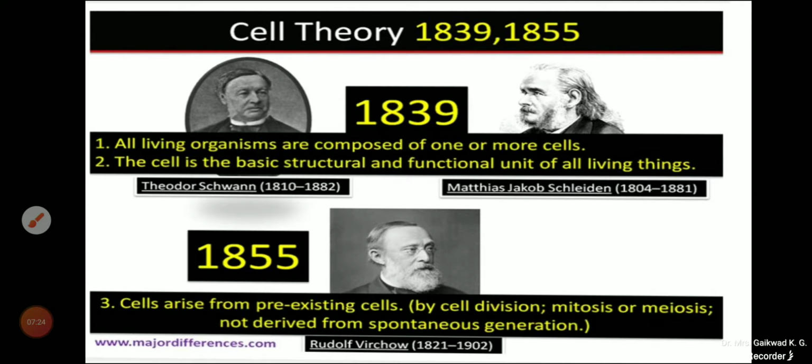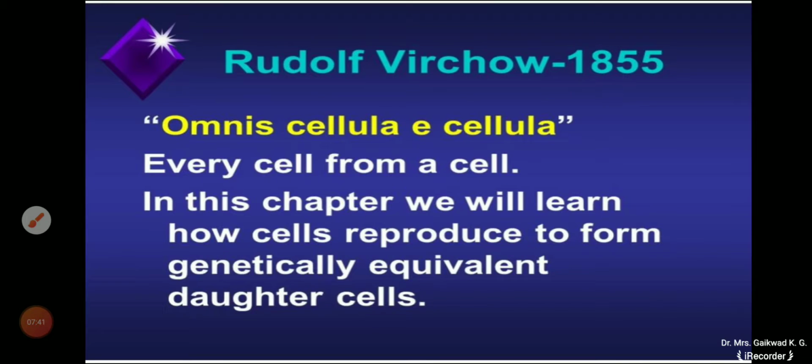Okay. So, what Rudolf Virchow says is that cells arise from pre-existing cells by cell division, that is, either mitosis or meiosis, not derived from spontaneous generation. It is given by Rudolf Virchow.